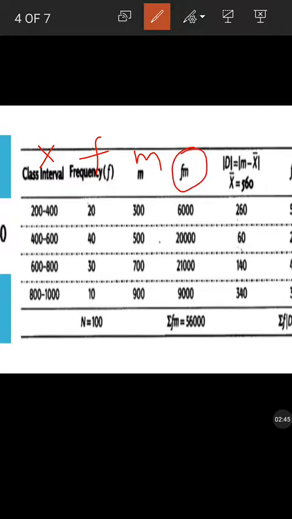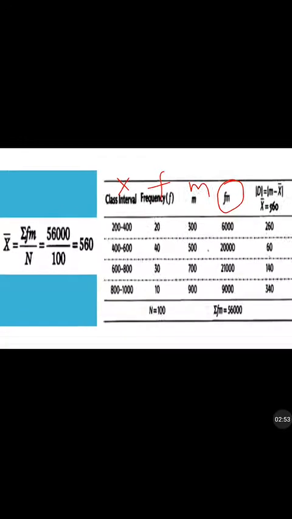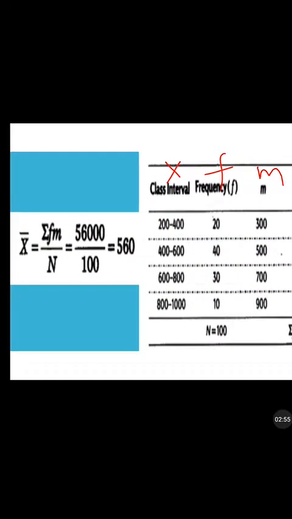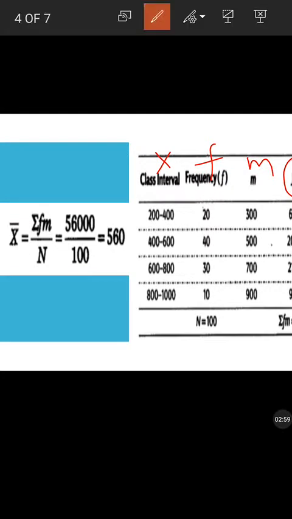What is the formula for calculating x bar? X bar is equal to summation fm divided by summation f, or we can write it as summation fm divided by n. It is all the same. Always remember n under discrete and continuous can be taken as summation f.